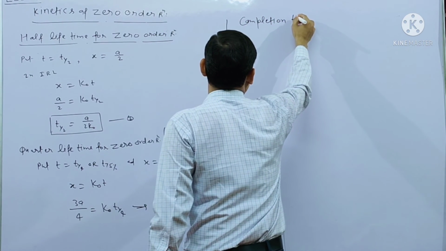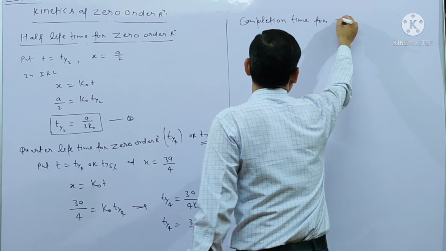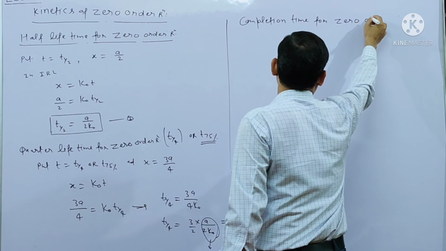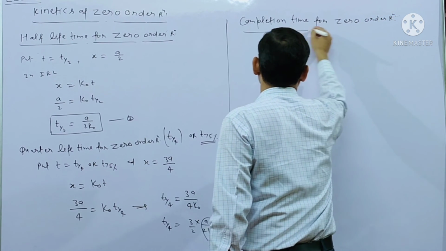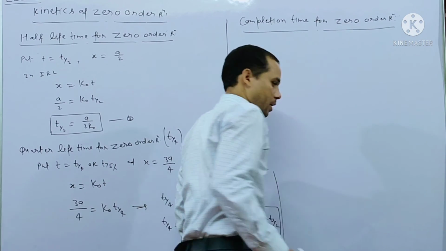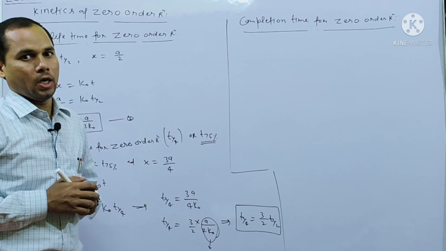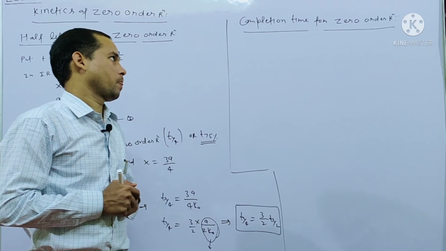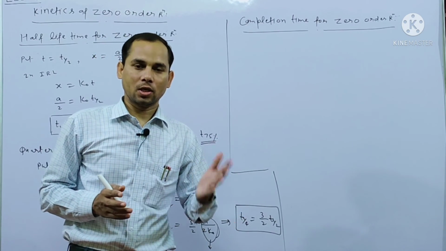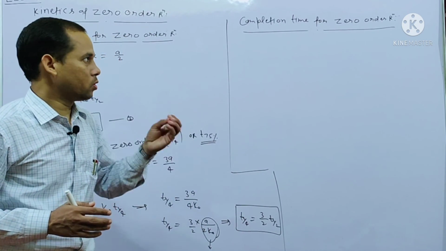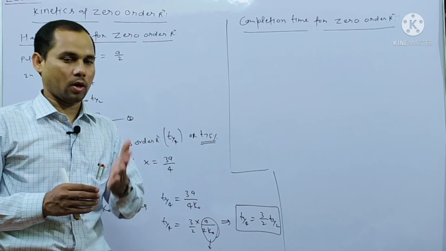Completion time means the time in which the concentration of a particular reactant reduces to zero from its initial concentration. It reduces to zero means all the concentration of the reactant is converted to product.